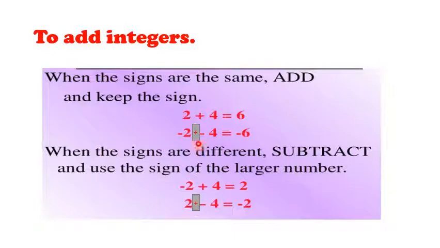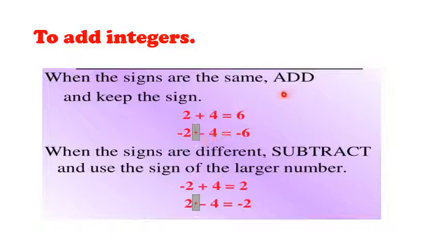Another example, I want to add negative 2 plus negative 4. To add these integers, I know negative 2 and negative 4 both have the same sign.